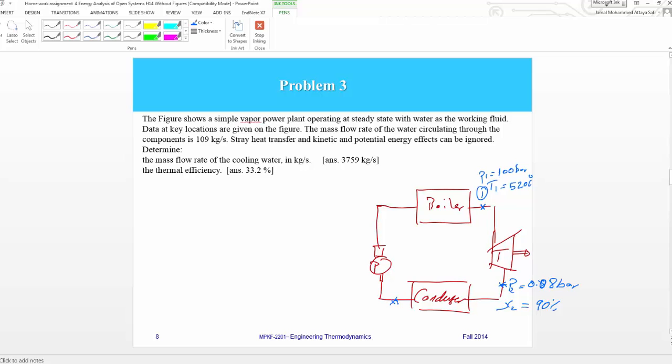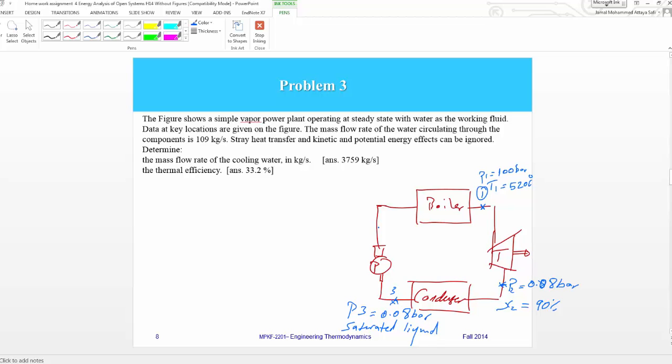And after the condenser, which is 3 in this case, the pressure doesn't change through the condenser, so P3 is equal to 0.08 bar, and I know that it's saturated liquid. So the state is also fully defined.